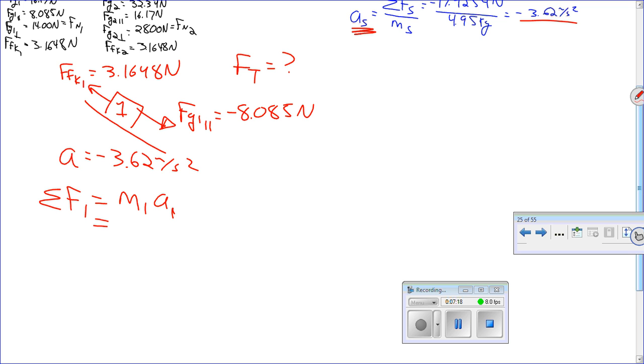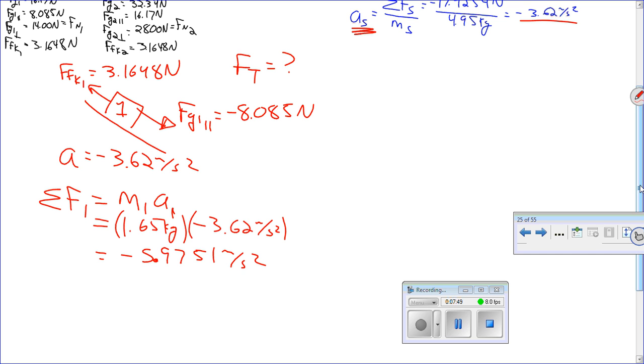So the mass of block 1 we had decided was 1.65 kilograms. The acceleration of block 1 is negative 3.62 meters per second squared. So multiply this all out, and you find that the net force on block number 1 is negative 5.9751, there's a decimal there, newtons.